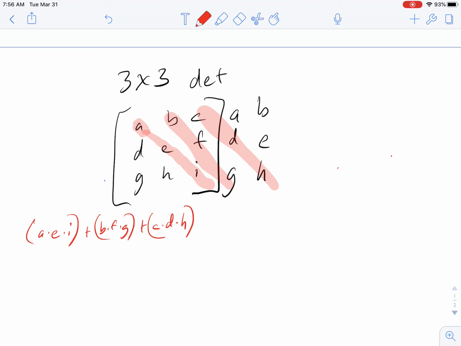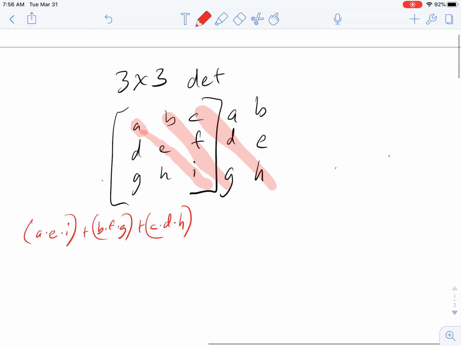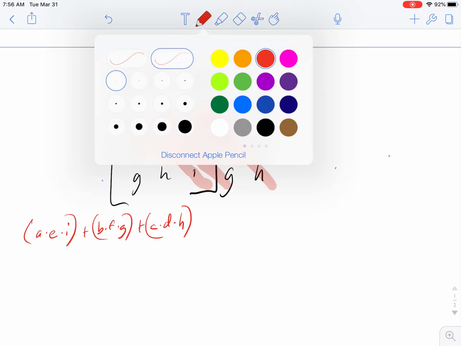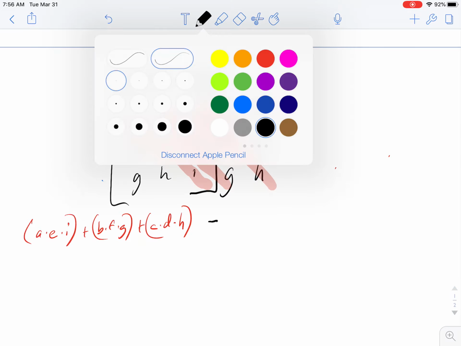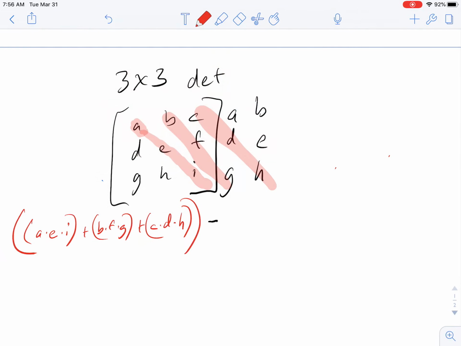That second diagonal, in this case B, F, and G, is going to produce another product. And then C, D, and H is going to produce another product. Then I add all those products up, and it's going to give me a nice sum of those first 3 diagonals. Now, I'm going to subtract. It's nice to kind of group that one together.